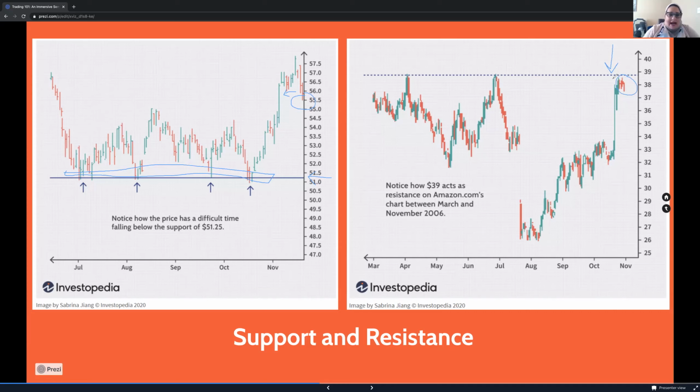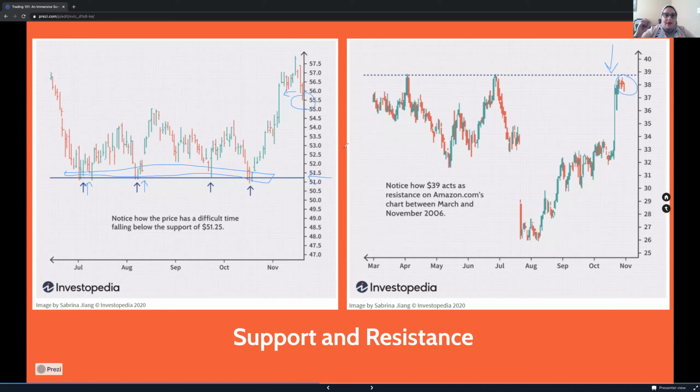So what does this actually represent? What does this mean? The support is an area where the amount of buyers, the buy orders, is higher, is more than the sell orders. So when we get to the point where there's more buy orders than sell orders, that creates this reversal, that creates support, right?